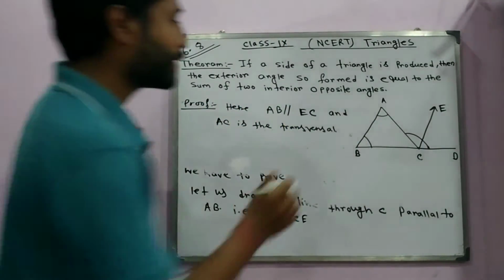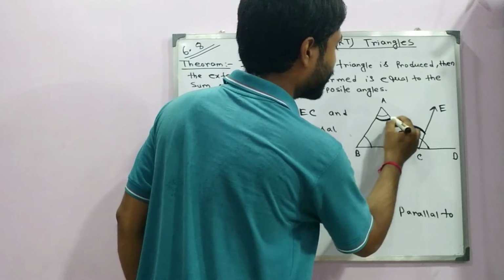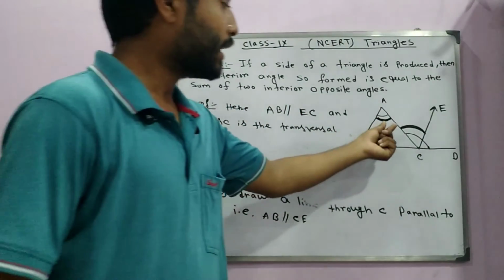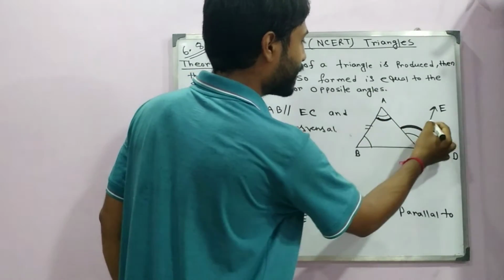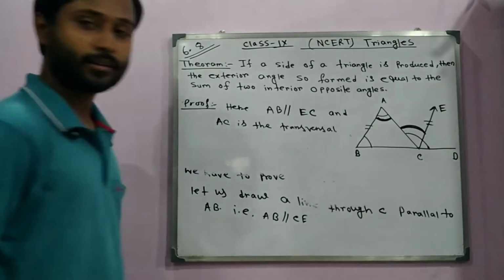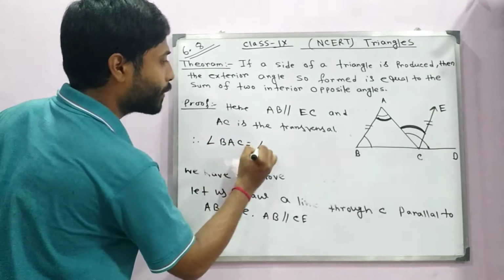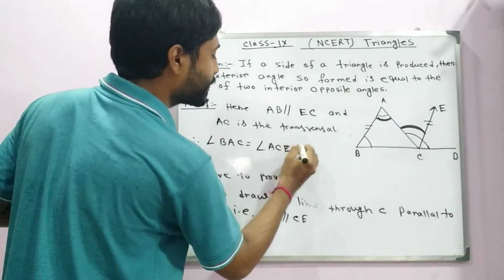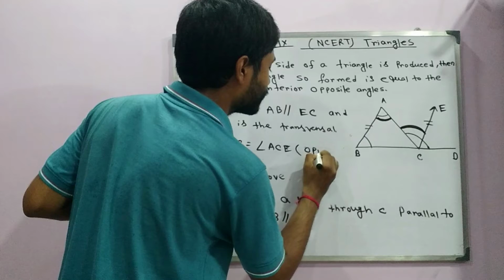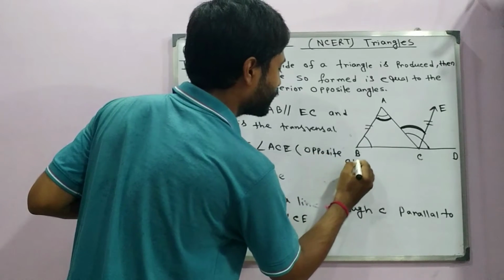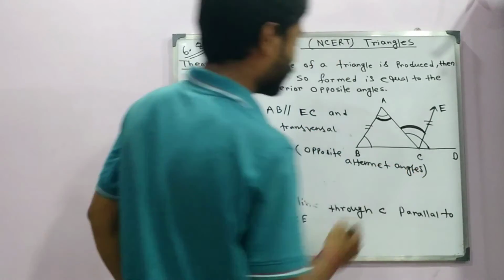Then we know that this angle and this angle are alternate angles, because AB is parallel to EC and AC is the transversal. So therefore angle BAC equal to angle ACE. Reason: alternate angles.